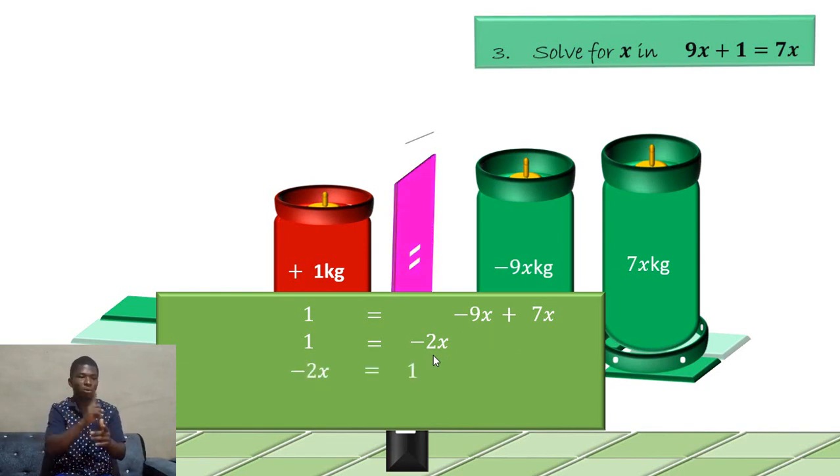So I can have x equals 1 over minus 2. Alright, so this is the value of my x. So I put all the x terms on this side, and on this other side, those things that are not x terms. Alright, so let's move on.